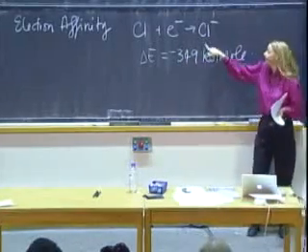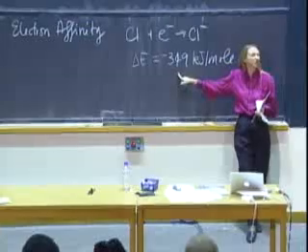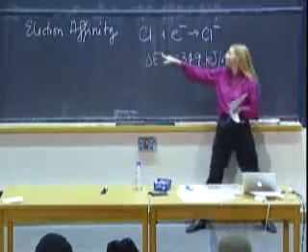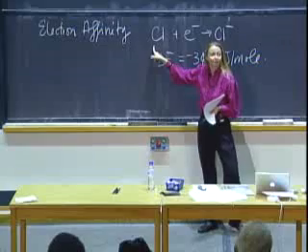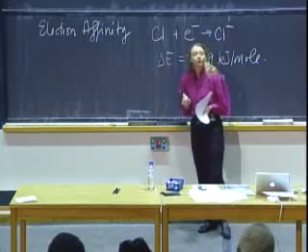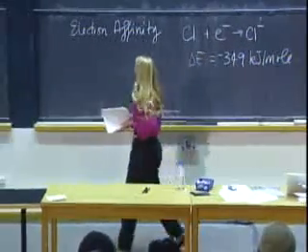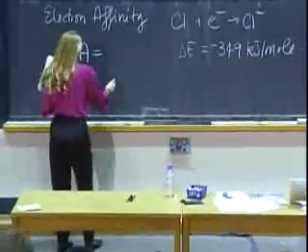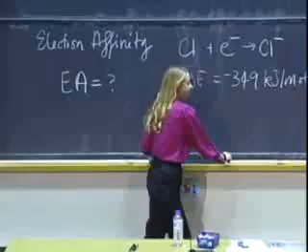The fact that this energy change is negative tells you that the chlorine ion is more stable than the neutral atom. Okay? So now, in terms of an equation, what is the definition of the electron affinity?